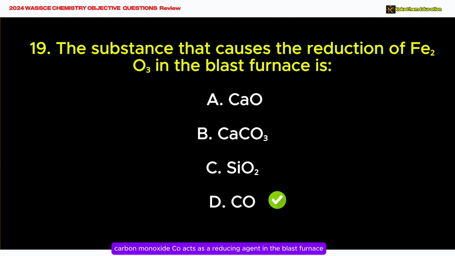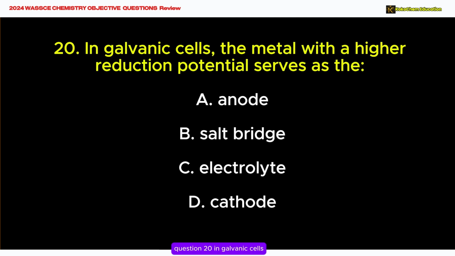Carbon monoxide, CO, acts as a reducing agent in the blast furnace, converting Fe2O3 to metallic iron.